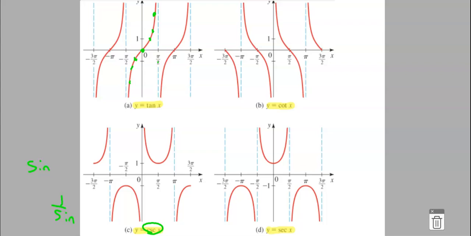At 0 degrees, sine of 0 degrees is 0, so that's going to be undefined right there. So you have a vertical asymptote right there, and the same thing at pi. Think of the unit circle: here and there, that's the point 1, 0, and that's the point negative 1, 0. You can't have 0 on the bottom of a fraction, so that's why you have a vertical asymptote every pi units starting at 0.